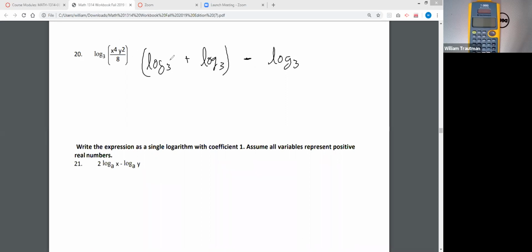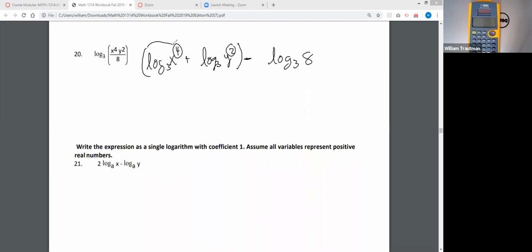So it's x to the 4th, y to the 2nd, and this is 8. And we have these powers here. Sorry, I made this kind of messy. Y squared. There we go. And don't forget, you can't have powers when you are in expanded form.